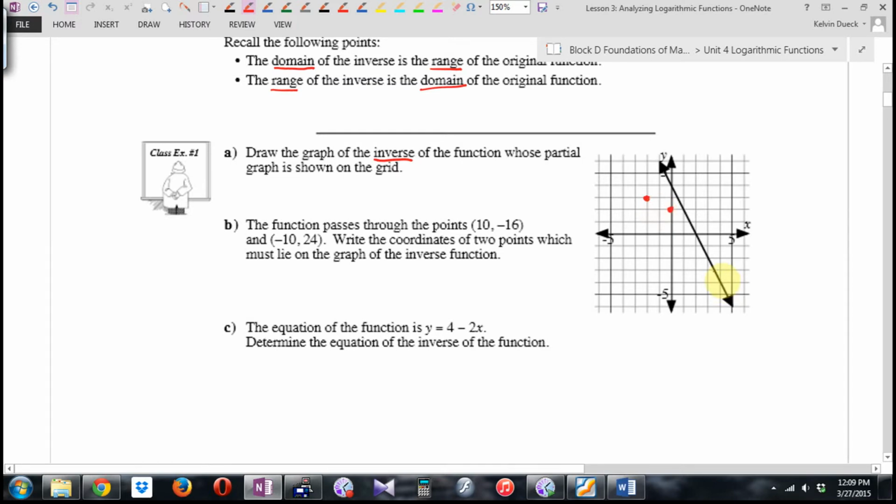How about this point here? Are the original 2 points connected? Well, then let's connect them on my inverse. This point here, what, comma, what? 4, comma, negative 5. So negative 5, comma 4.